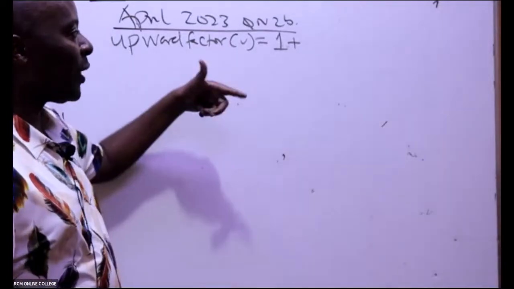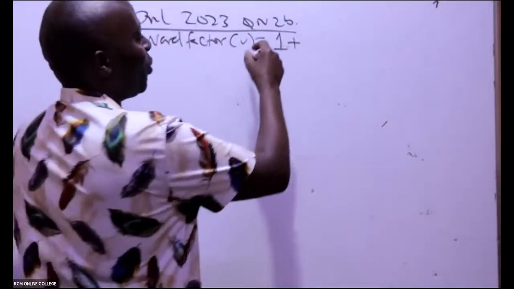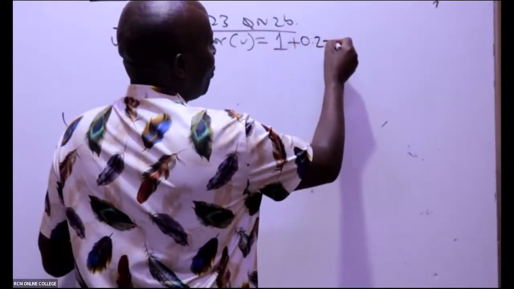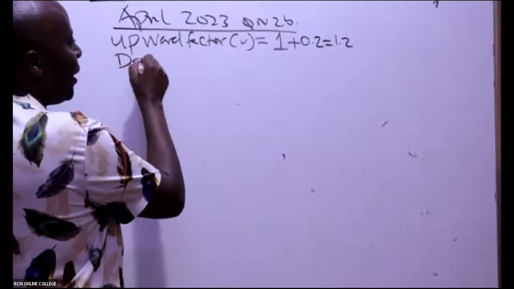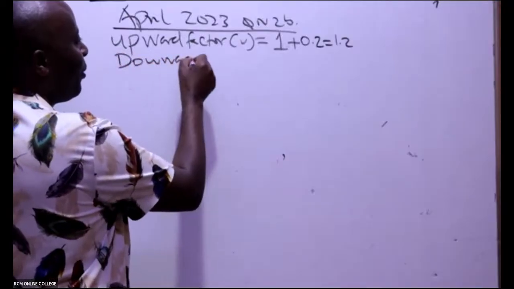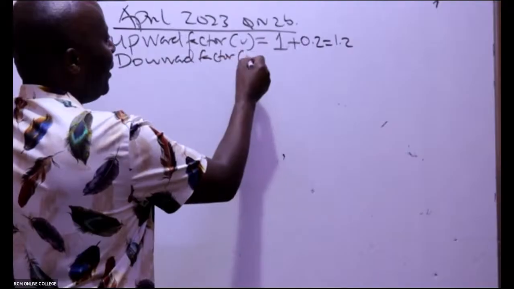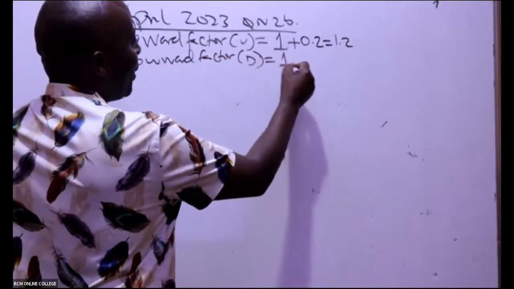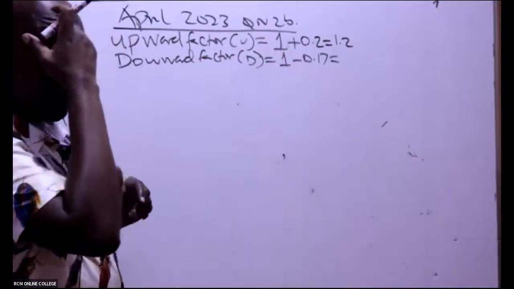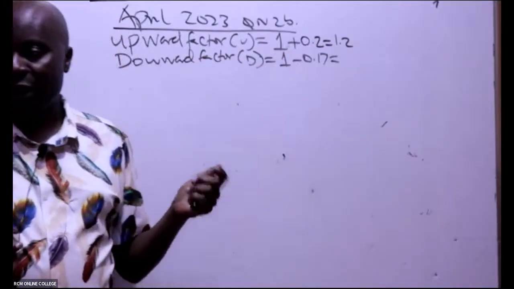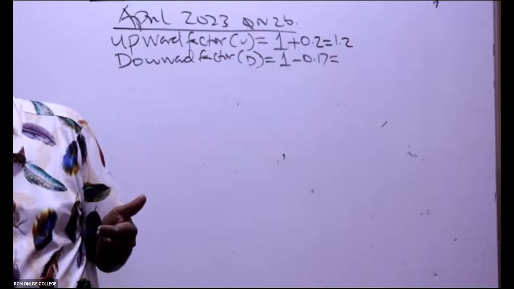So the upward factor U is 1 plus 0.2, which will be 1.2. And then we have the downward factor, D. Here we can see a situation where our price is going down by a whole 17%. So then our D will be equal to what here, somebody?